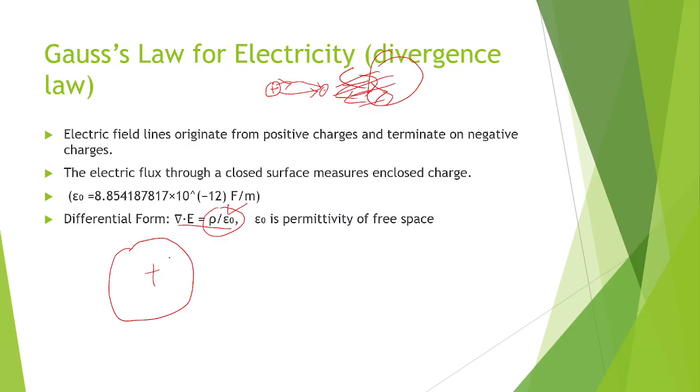This is the divergence of the electric field. So the divergence of the electric field is this value, charge density over epsilon naught. So if there is charge inside the closed surface, it will be this value, rho over epsilon naught.